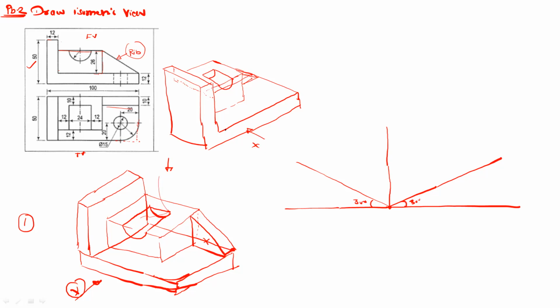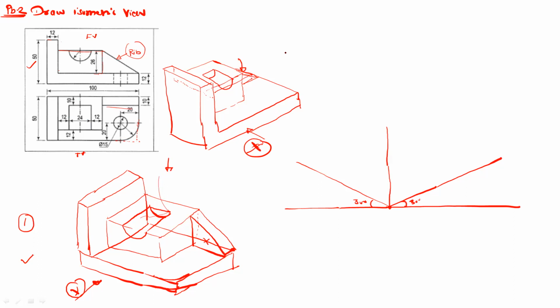But if you draw the view by assuming this as the X direction, then some features are not clearly visible. If you observe here, this rib portion is not clearly visible. So this is the correct method to draw the isometric view for the given front view and top view.